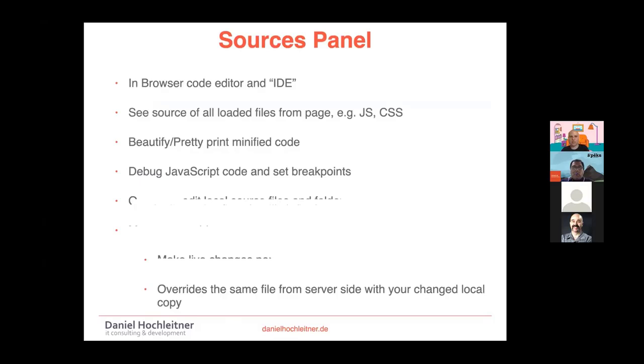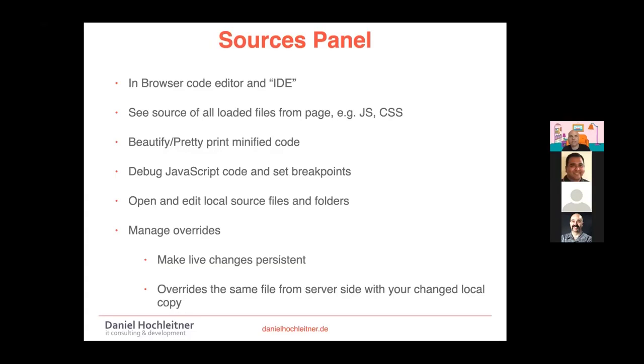If you're not familiar with minified code, minifying JavaScript code, for example, makes the whole code smaller, removes white space, but it does more. It optimizes your code. It renames variables to shorter variable names, for example.